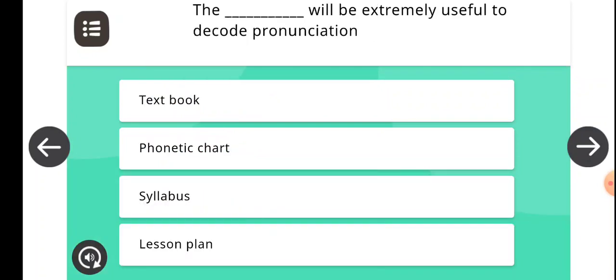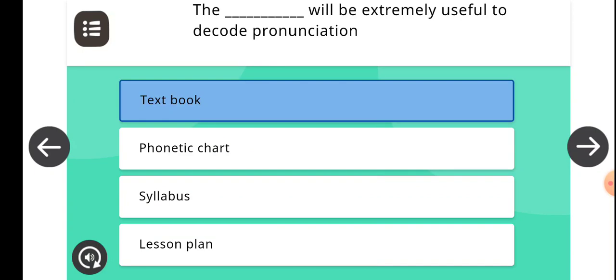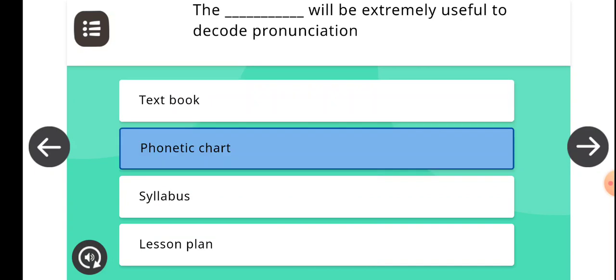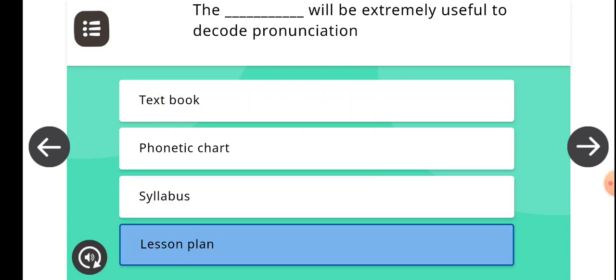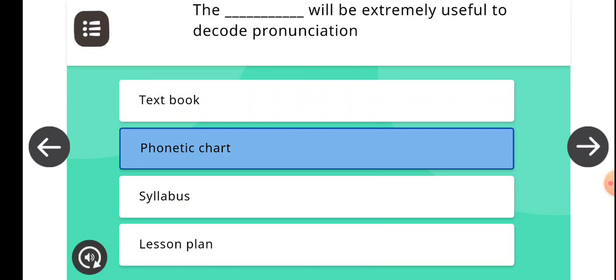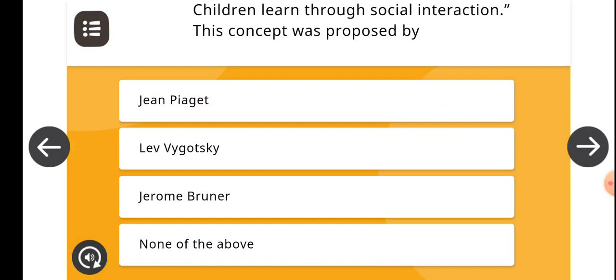The dash will be extremely useful to decode pronunciation. In order to decode pronunciation, is the textbook useful, or the phonetic chart, or the syllabus, or the lesson plan? The phonetic chart is the specific thing that helps decode pronunciation. So option B is the right answer.